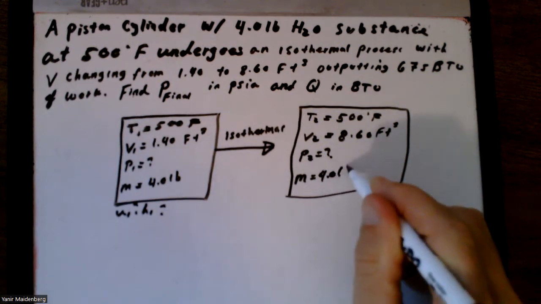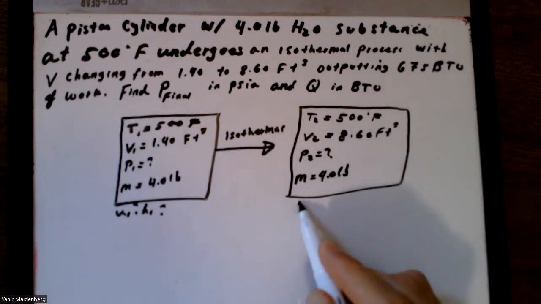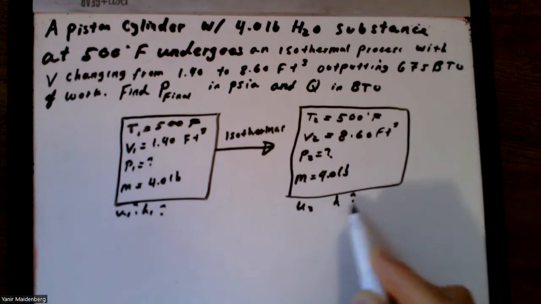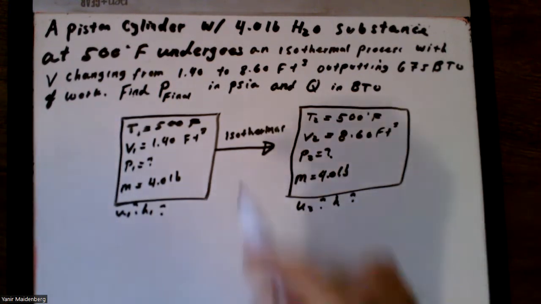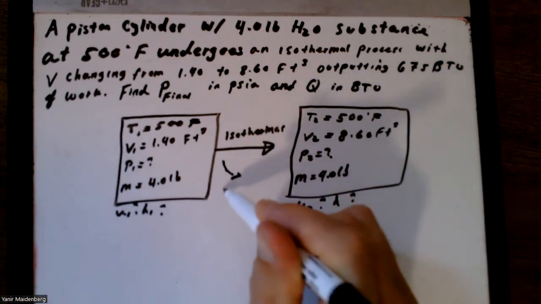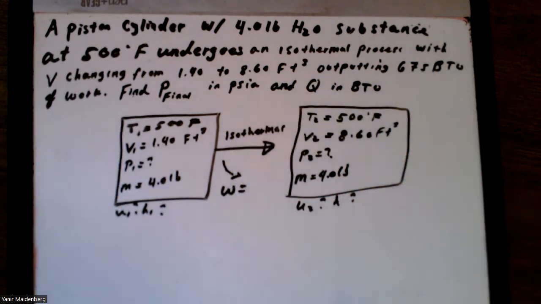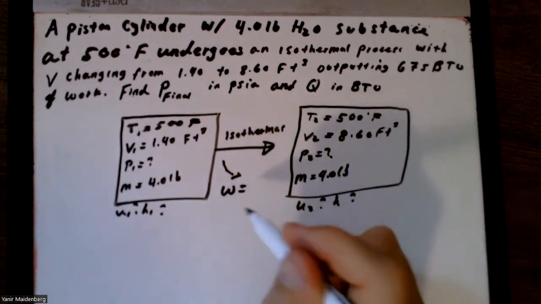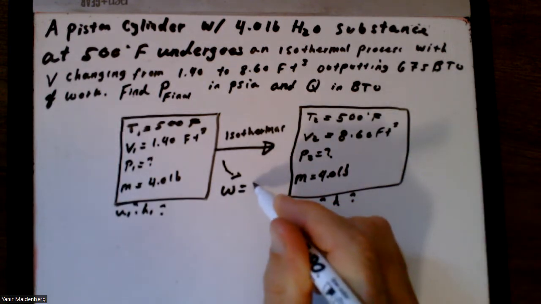Again, I don't know what U is or H is. Maybe I want it, maybe I don't. During this process, we also know there was some work done, and it's 675 BTUs.